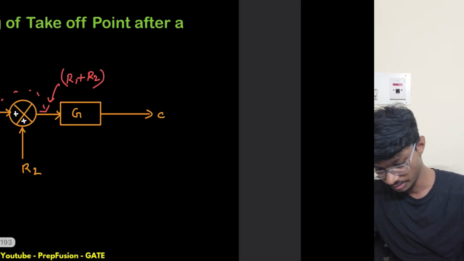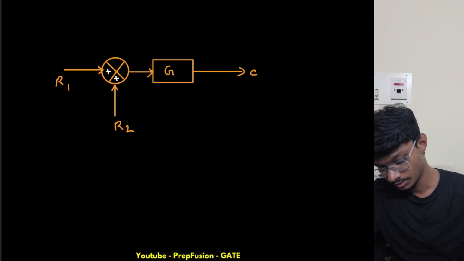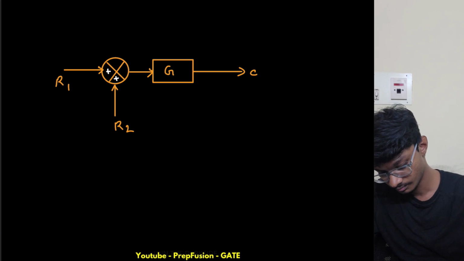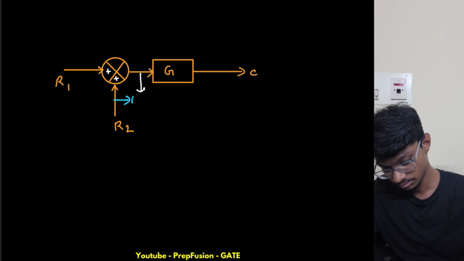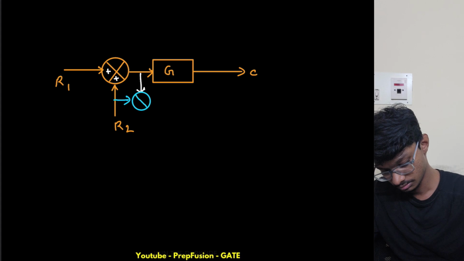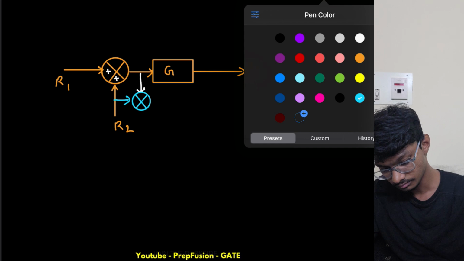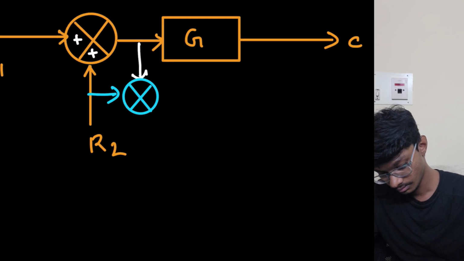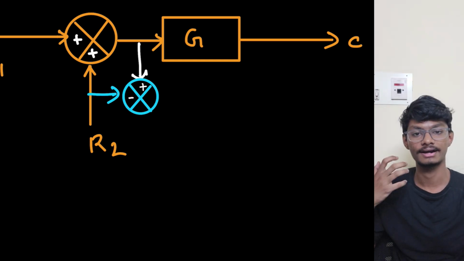So let me copy this again. What I will do, I will take the output from here, okay, then we'll add this, but we'll subtract this R2 because we have one extra R2 term.